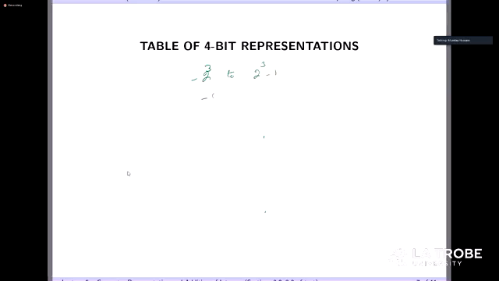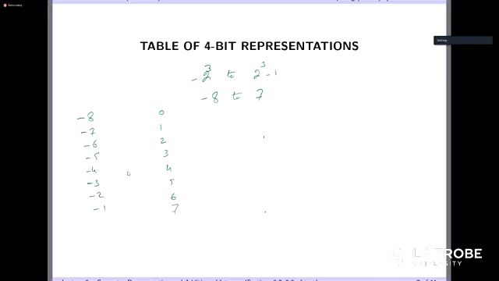So this is minus 8 to 7, and these numbers are negative 8, negative 7, negative 6, negative 5, negative 4, negative 3, negative 2, negative 1, and then you have 0, 1, 2, 3, 4, 5, 6, and 7.